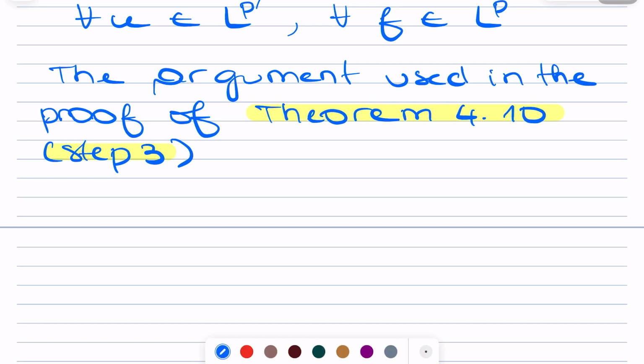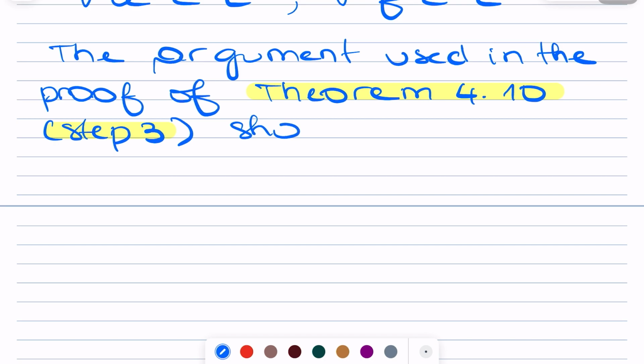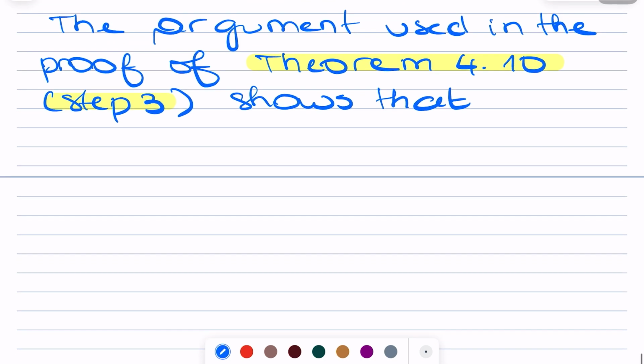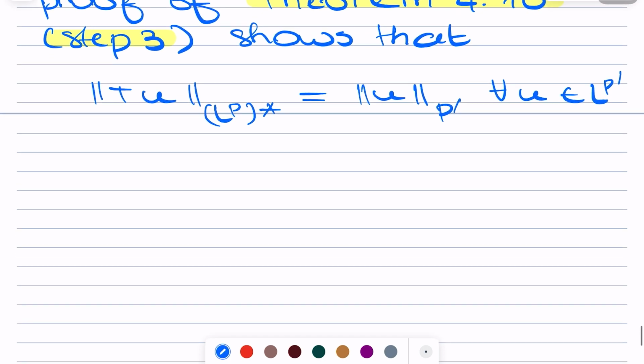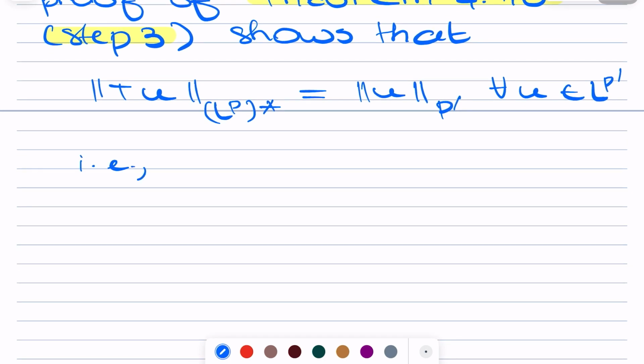It actually shows that we have an isometry. So the operator norm of TU is equal to the LP prime norm of U, for every U in LP prime. So this means somehow that T is an isometry.